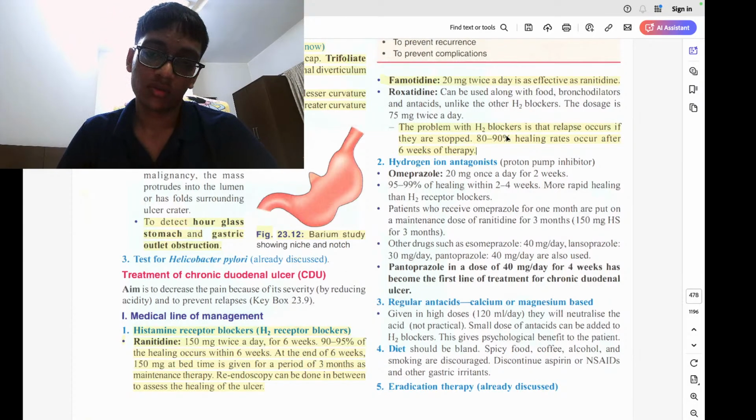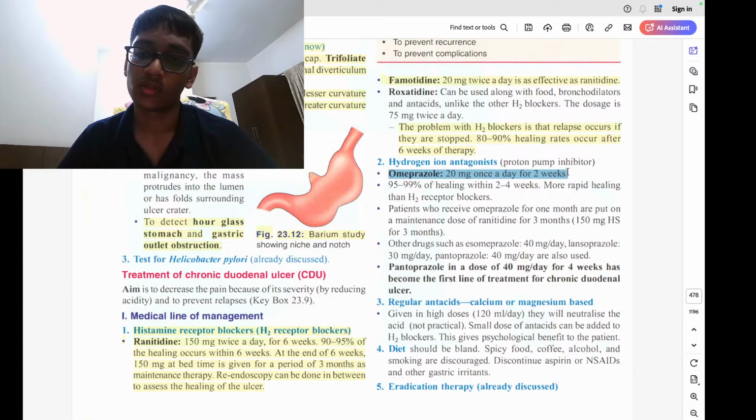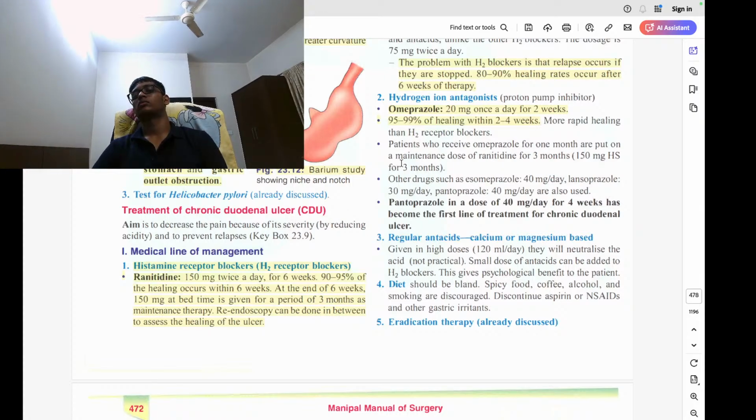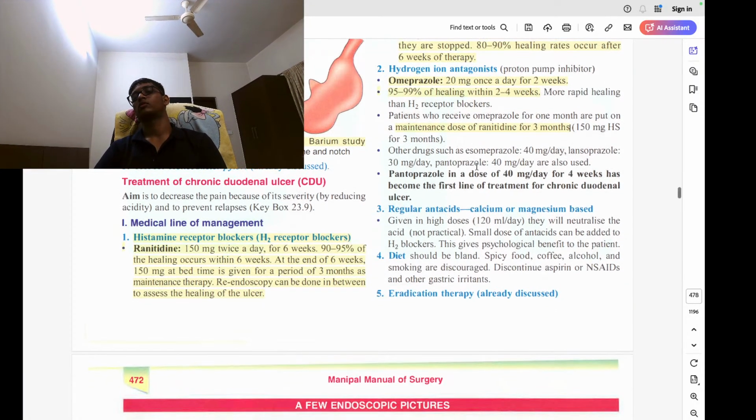Then PPIs, proton pump inhibitors. You have omeprazole 20 mg once a day for 3 weeks. Within 2 to 4 weeks, healing will occur. Maintenance dose for 3 months. Esomeprazole, lansoprazole, and pantoprazole are also used.